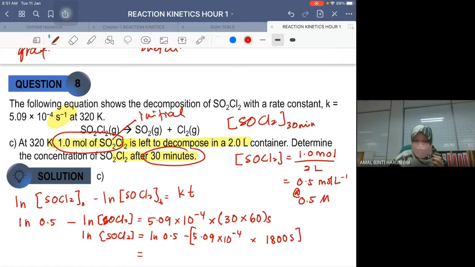So shift ln tu, hilangkan ln, you akan dapat concentration SOCl2 0.2, voilà. Okay, clear?